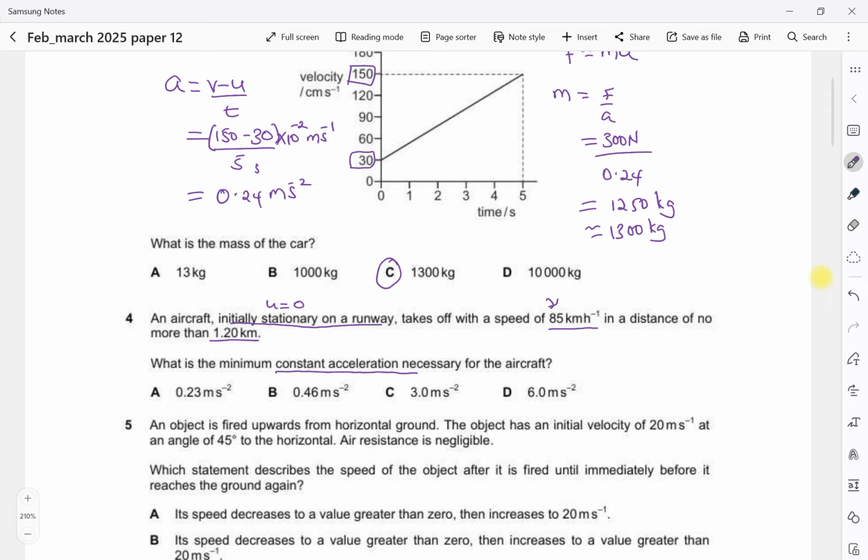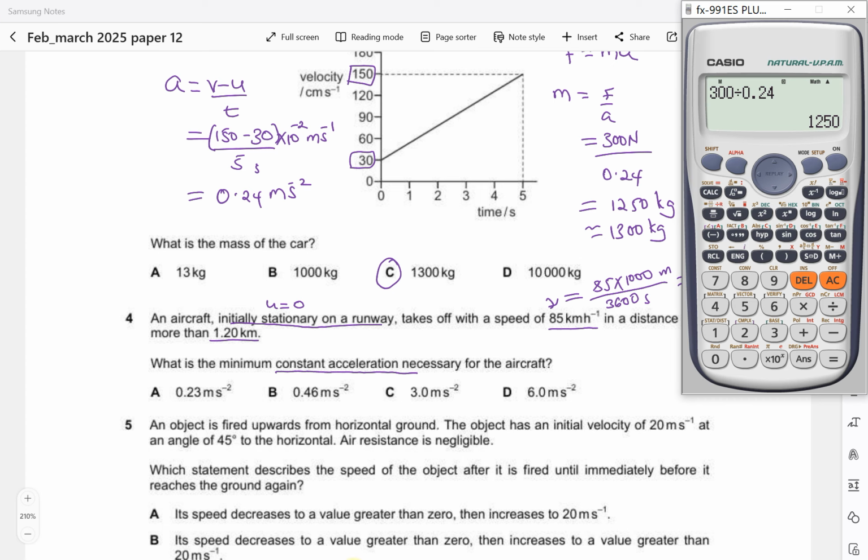So I'll first change this speed to meters per second. So this is going to be 85 times 1000 divided by 3600 to change it to seconds. So this is meters divided by seconds. I'm finding the takeoff speed.